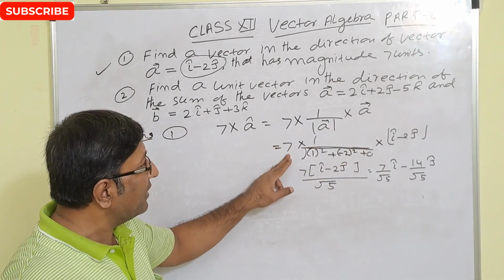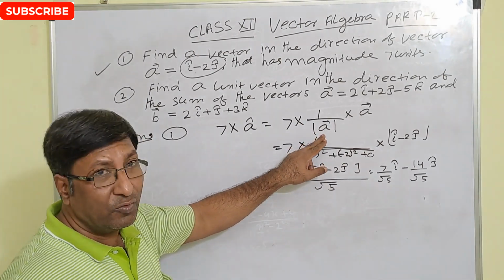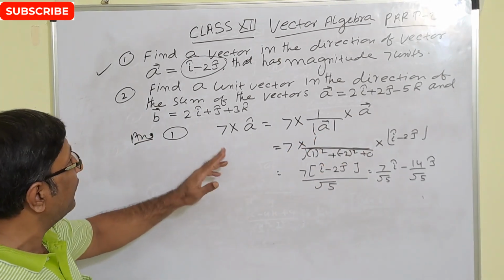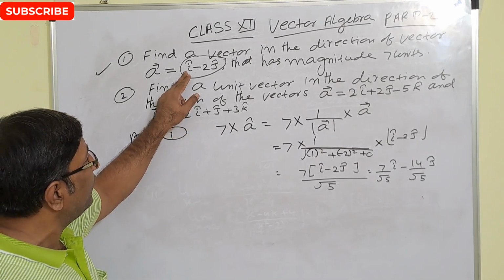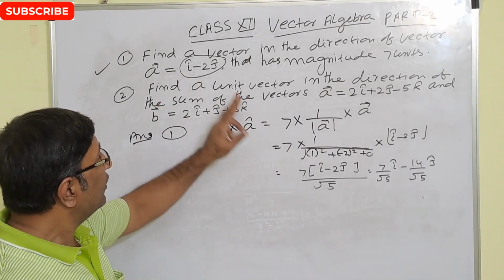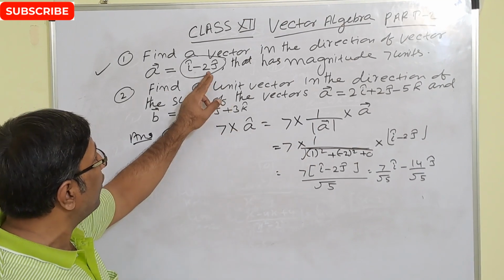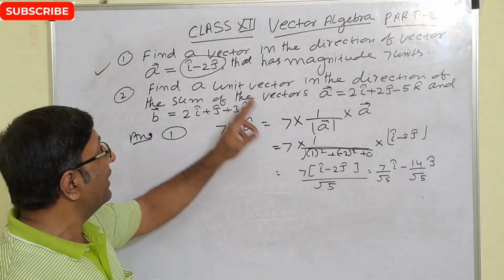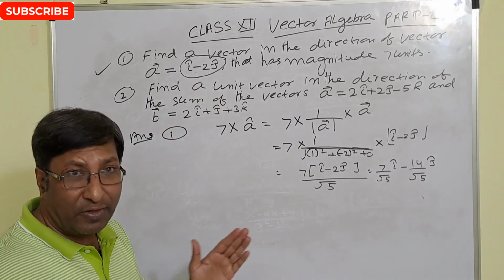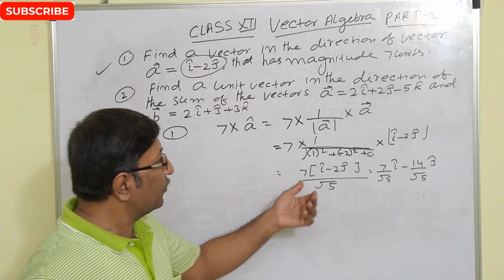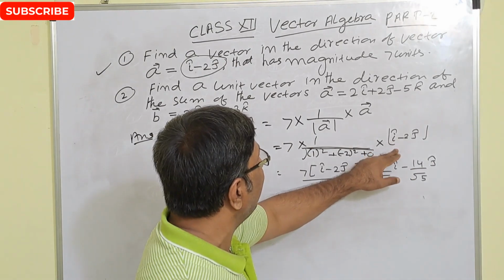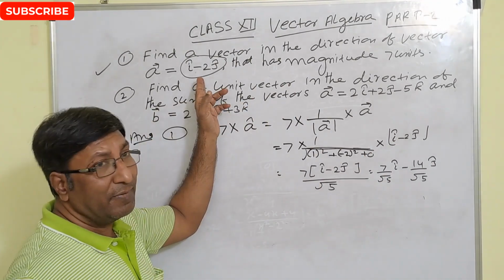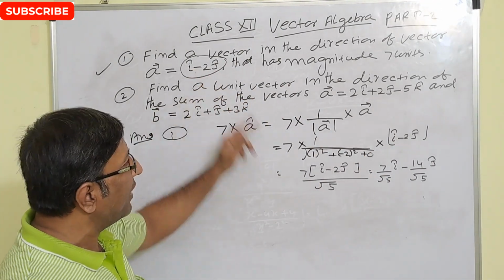So this is 7. The magnitude of vector A you know: the coefficient of unit vector i is 1, so this is 1 square; the coefficient of unit vector j is minus 2, so minus 2 square. Here the coefficient of k vector is not given, that is 0. And multiply vector A, which is given as unit vector i minus 2j.